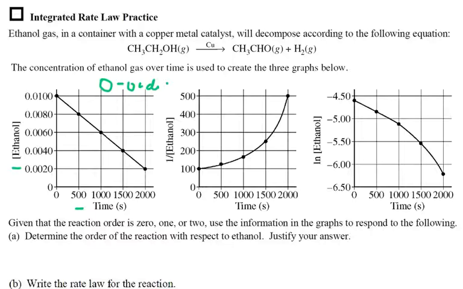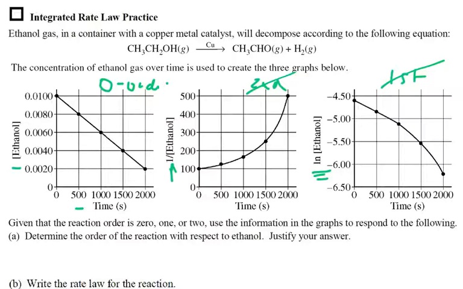Now, if the 1 over concentration versus time had been a straight line, then we would know it's second order. And if it was ln of concentration versus time, we know it would have been first order, but those are not straight lines. So that data is not from a second order or first order reaction. So it's coming from a zero order.